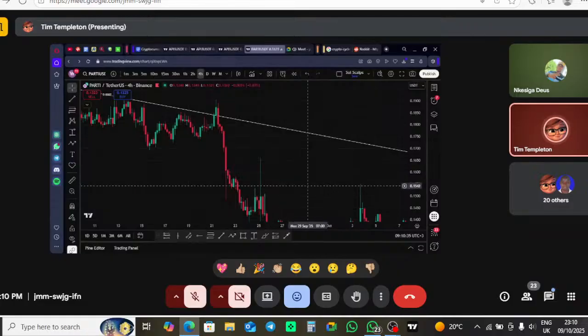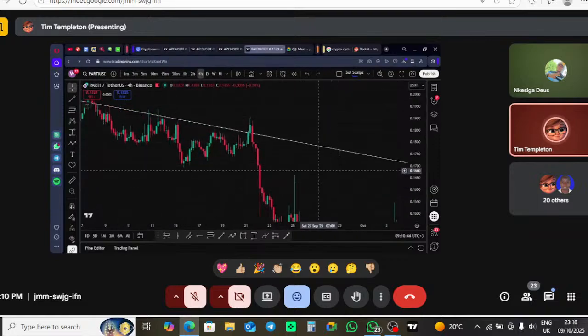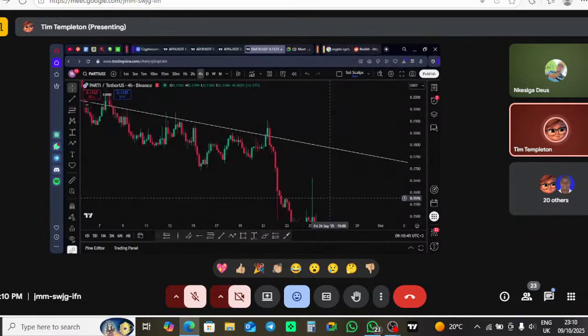Let me say it this way. The market is a battle between buyers and sellers, bulls and bears. Now, price should move in such a way that it favors both sides of the market, both the buyers and the sellers.